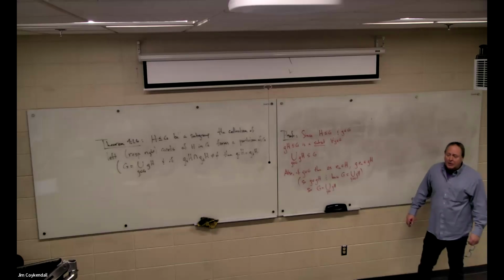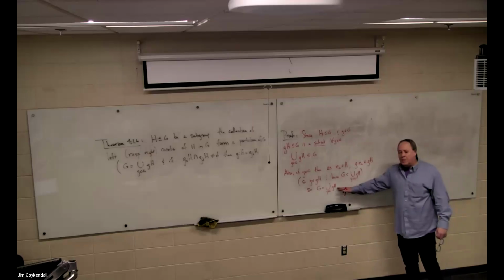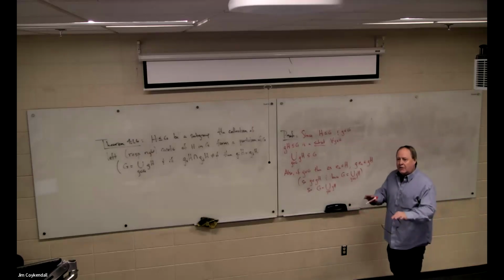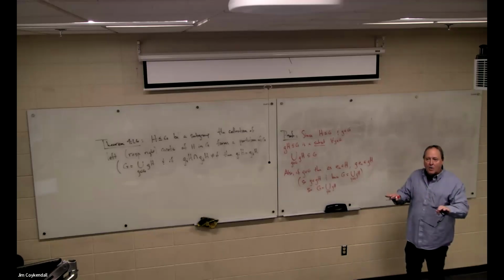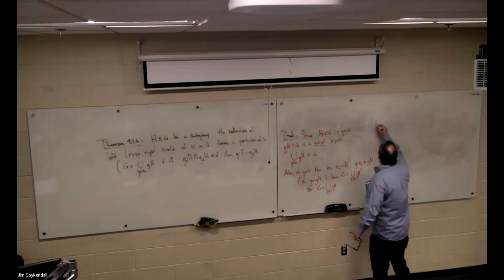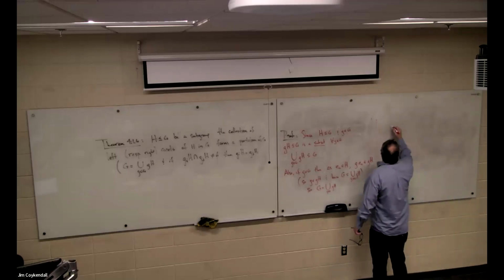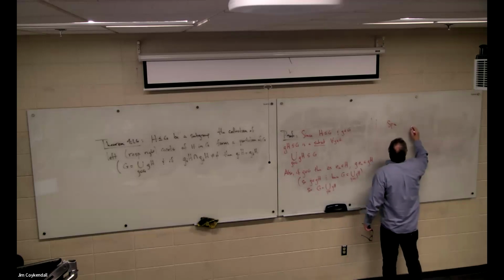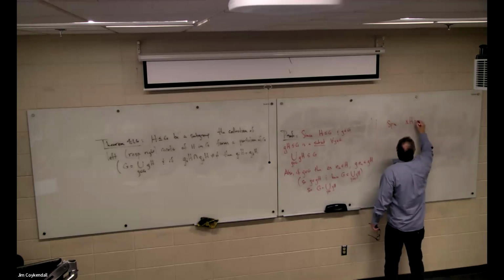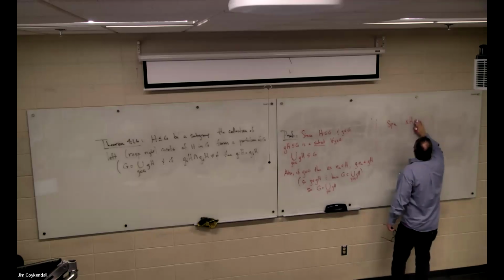Now, here's the partition part. We've got that when you put everything together, you get all of G. Now you need to show that if you've got two different puzzle pieces, then either they're exactly the same puzzle piece or there's no overlap, right?